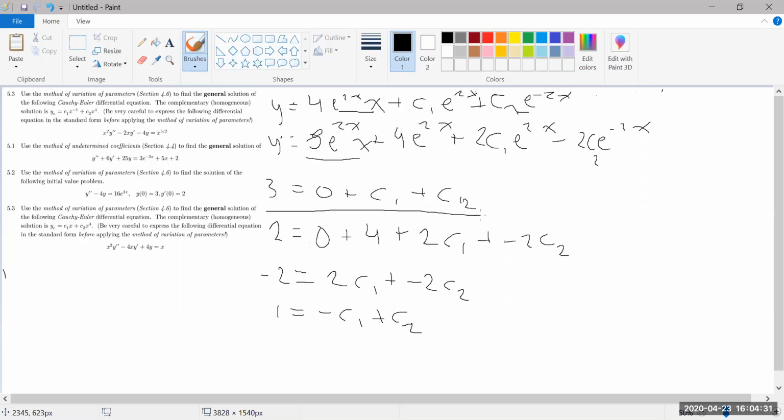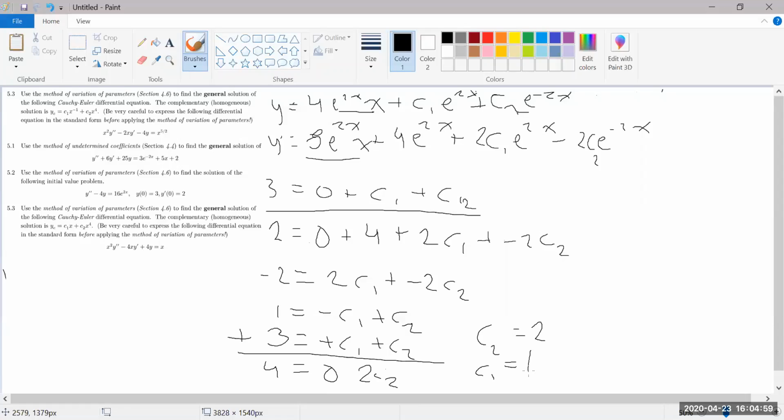And let's add these equations. So we have 3 plus c1 plus c2. Okay, so if we add these equations, we get 4 equals 2c2, or c2 equals 2, meaning our c1 equals 1, because we know that c1 plus c2 equals 3.